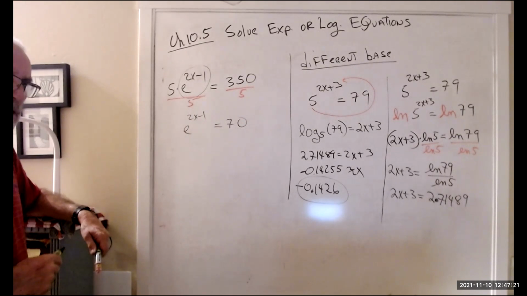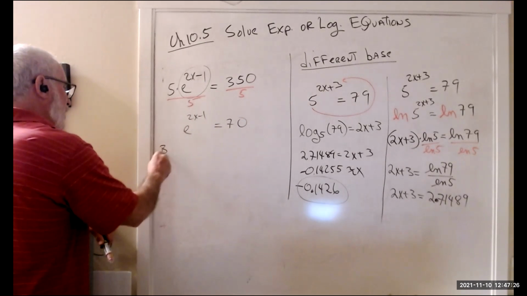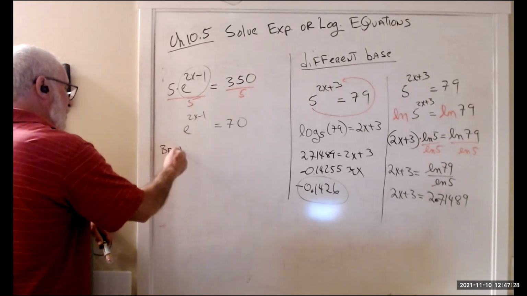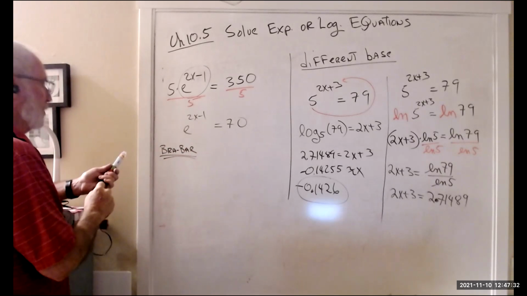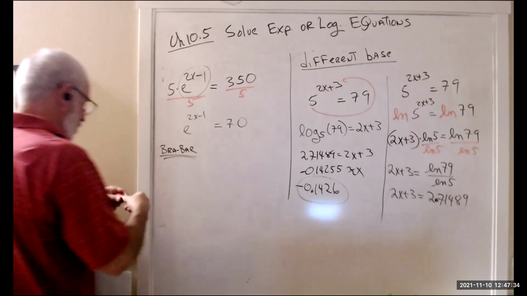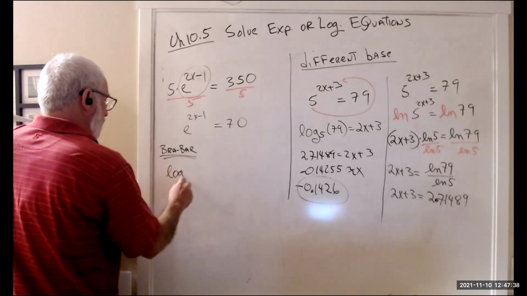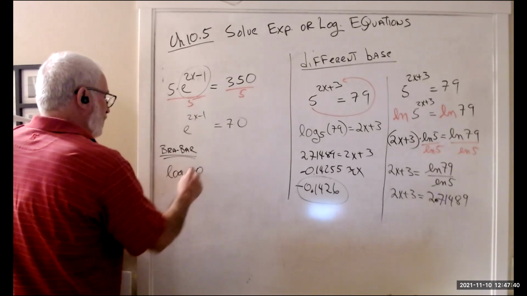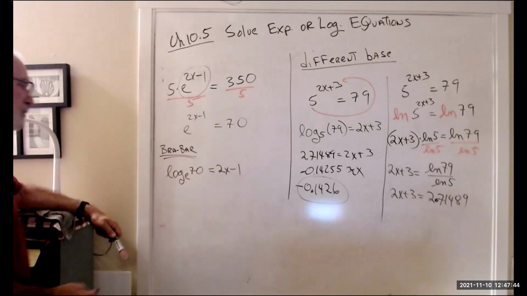First way, Brabar. That's the method I'm going to use here, the Brabar method. Okay, log base e of 70 equals 2x minus 1.